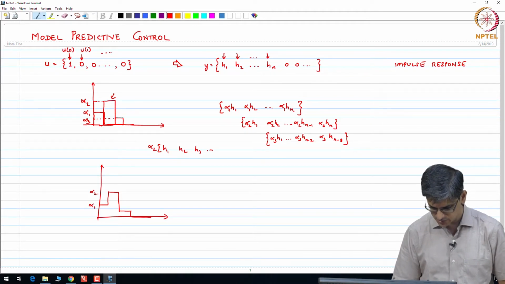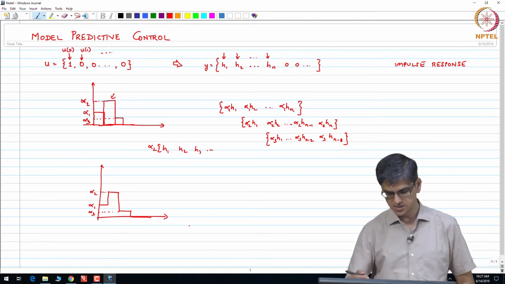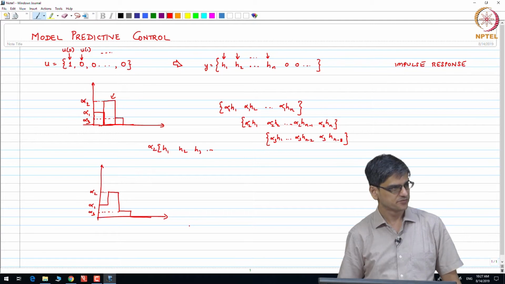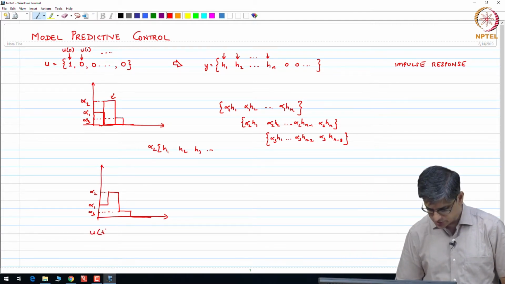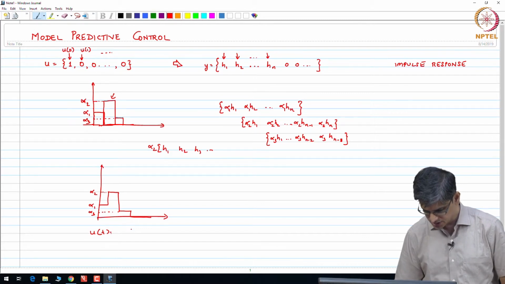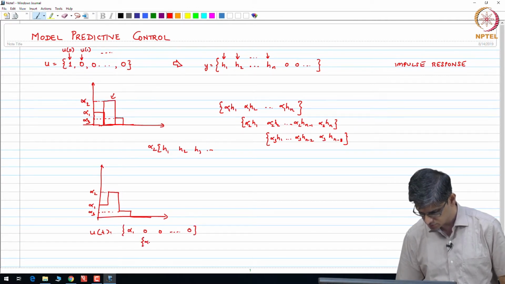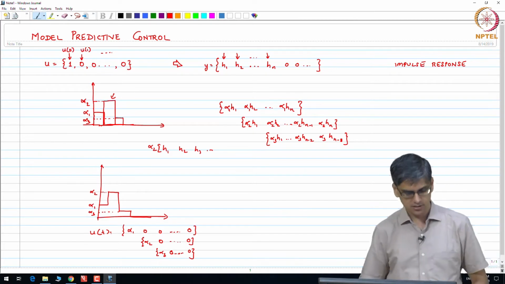This is alpha 1, this is alpha 2, this is alpha 3. It is just going to be the sum of these. Why? Because u t is just the sum of alpha 1 0 0 0, alpha 2 0 0, right.